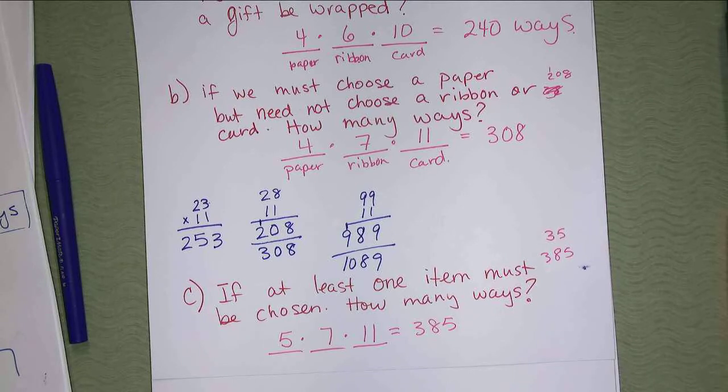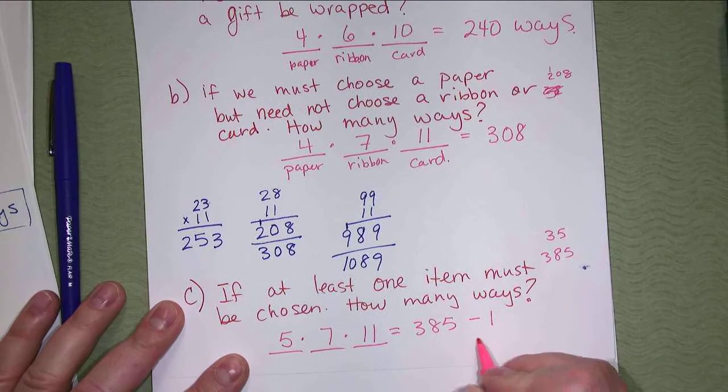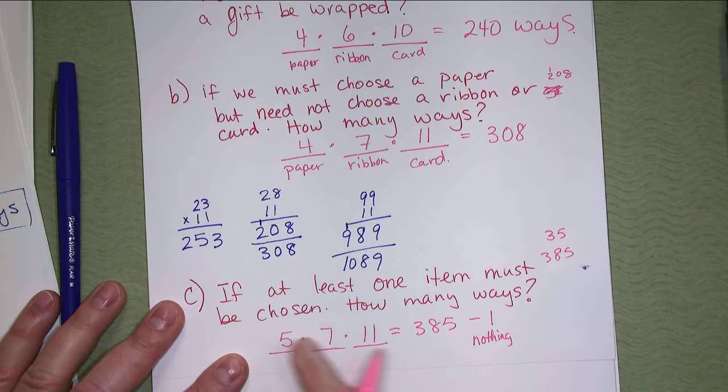Right, so how would we adjust that number? Subtract 1. Take off the option of nothing, because you're not going to walk up and say, can I have nothing? That's not really one of the choices. So we should subtract 1, which is the nothing of all 3. So really it would be 384.